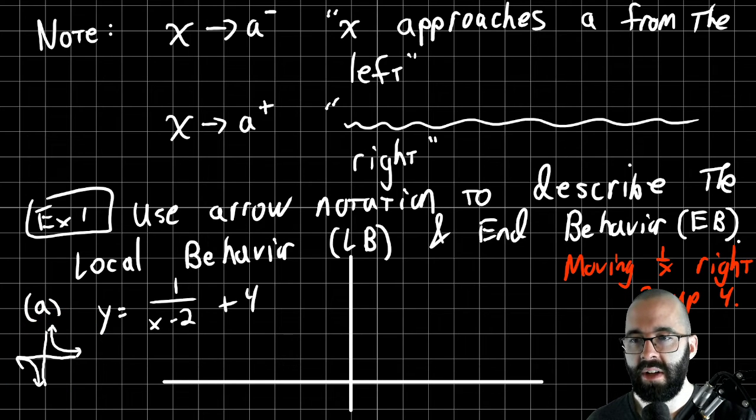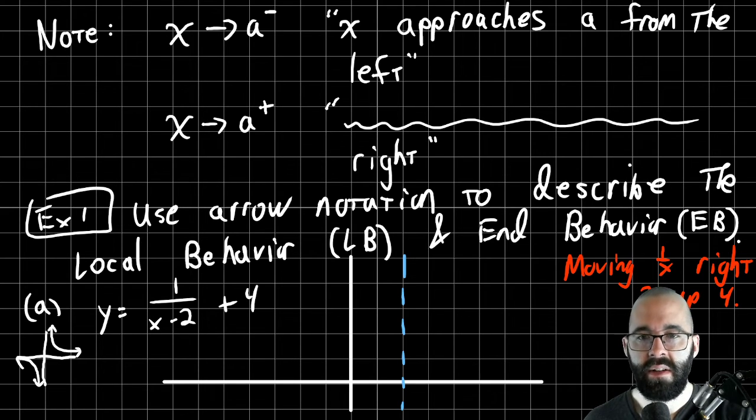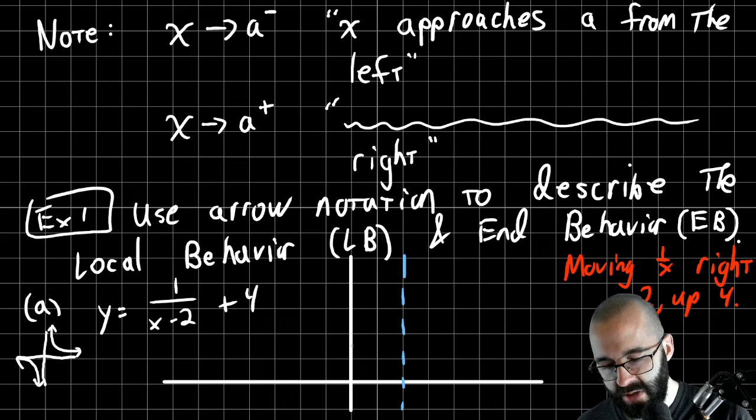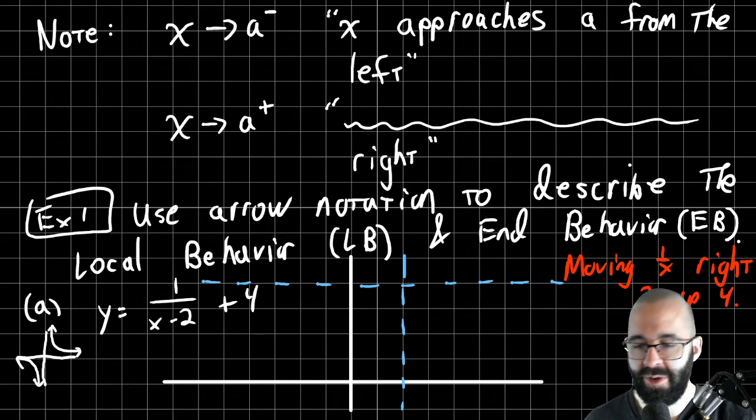So if the asymptotes are normally at 0, now the asymptotes got moved to the right 2 units. Now we have a vertical asymptote right here. It got moved up 4 too, so the horizontal asymptote is no longer at 0. Now it's up here. I didn't give myself enough room for this graph.